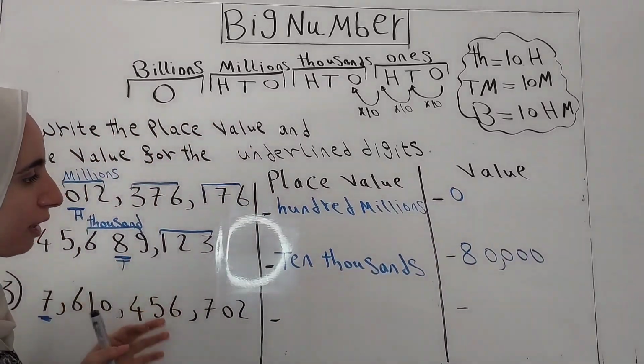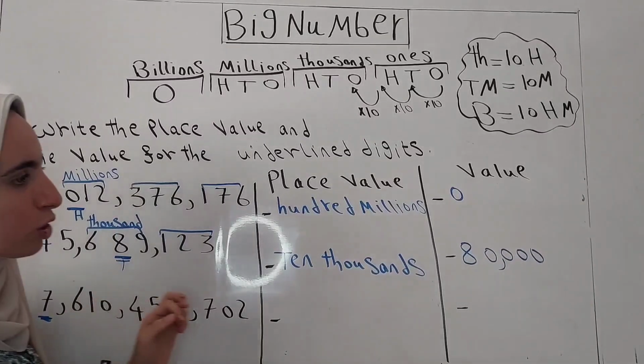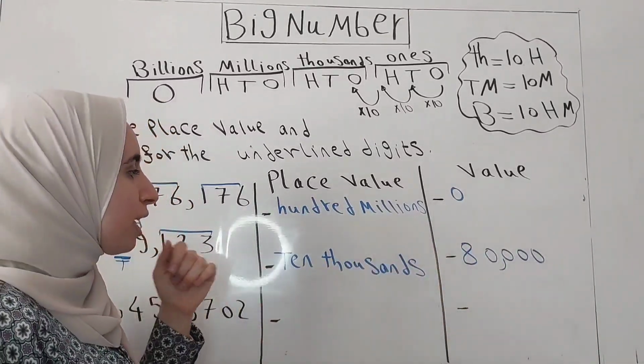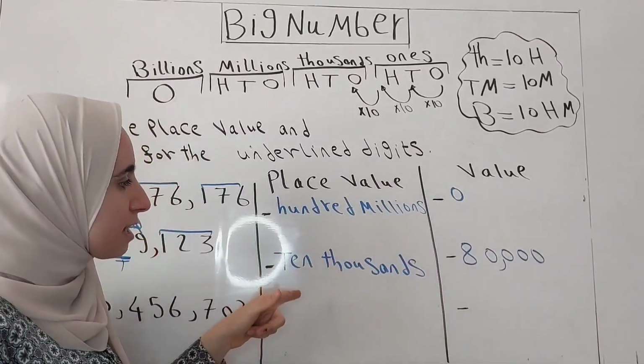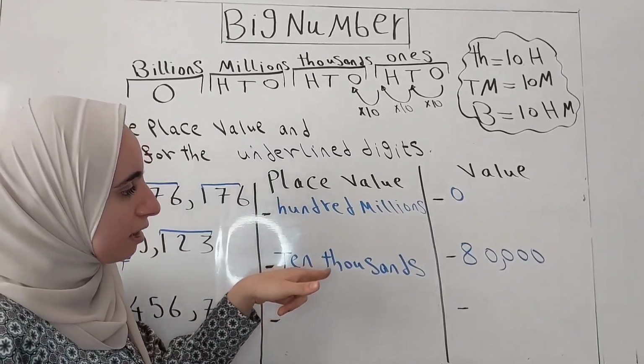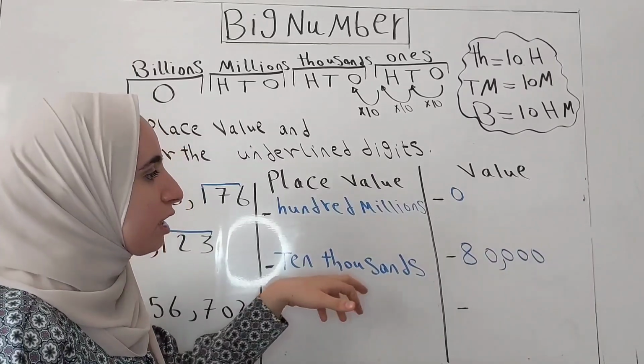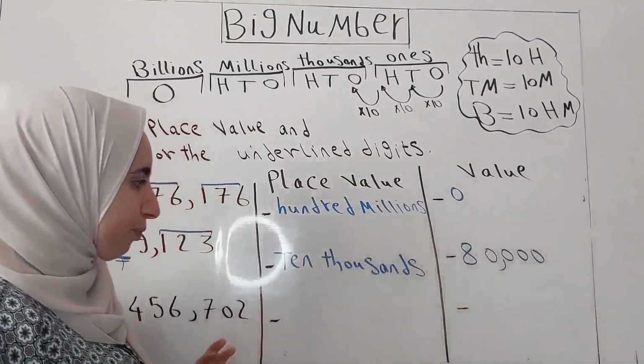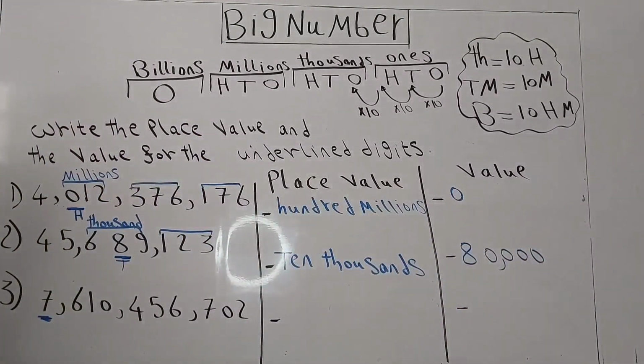The second way, by using place value, 8 in the 10,000. So we put 0 for 10 and 3 zeros for 1,000. It will be 80,000.